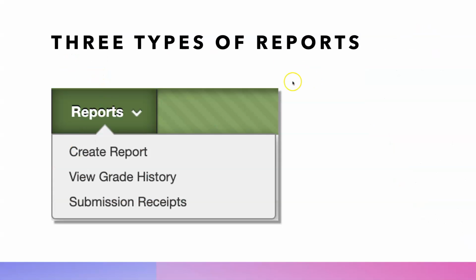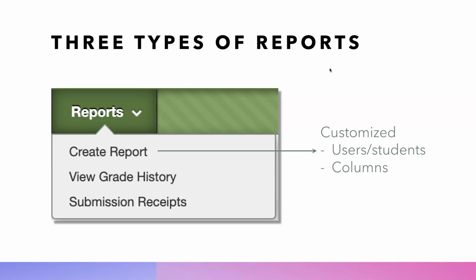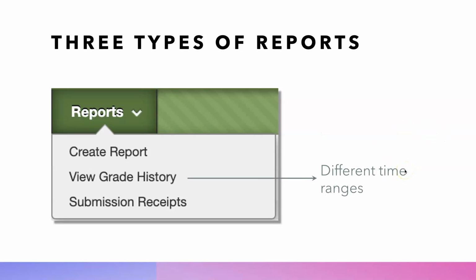There are three types of reports that you can generate from the Grade Center. The first type of report allows us to customize the report for specific or all students and all or specific assessment items. The second report documents the history of grading.